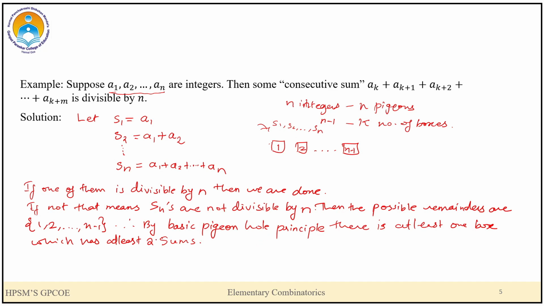So that means we will be able to find 2 sums here which have the same remainder, and let us denote those sums by Si and Sj. So there are 2 sums, say Si and Sj, having the same remainder.